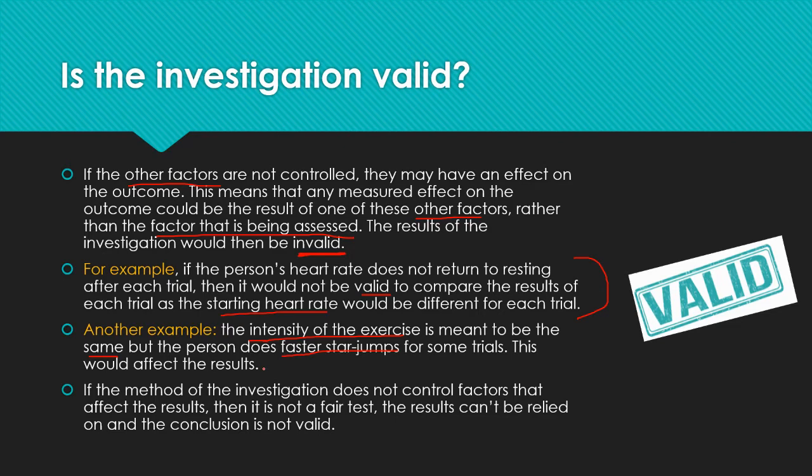So you have to think about how would that affect the results? And how could you control the intensity of the exercise so that it's the same? So you only want to change one thing and make it a fair test. If the method of the investigation does not control these factors that affect the results, then it is not a fair test and the results can't be relied on, and we say the conclusion is not valid.